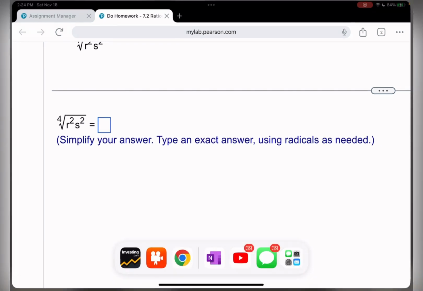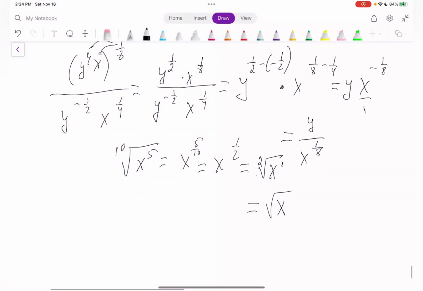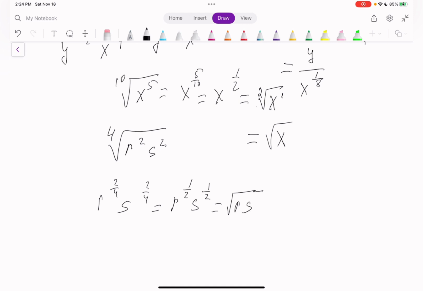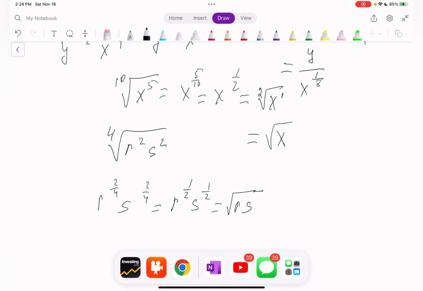Let me write it down. Radical degree 4, r squared, s squared. It's going to be r to power 2 over 4, s to power 2 over 4. It's going to be r to power 1/2, s to power 1/2. And r to power 1/2 is square root of r, s to power 1/2 also square root of s. So square root of rs.